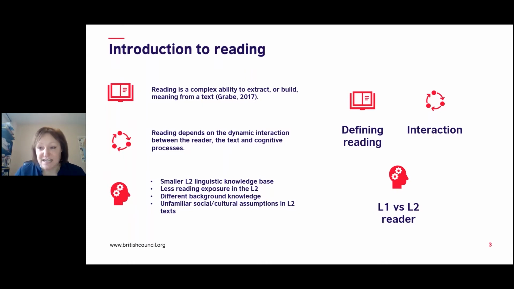So the amount of text and also the different types of text, the different genres, may also be much less in their second or third language. And then they come from obviously different cultural backgrounds and have different background knowledge. So that may affect and cause problems with the reading process. And we're going to come back to that throughout the webinar.